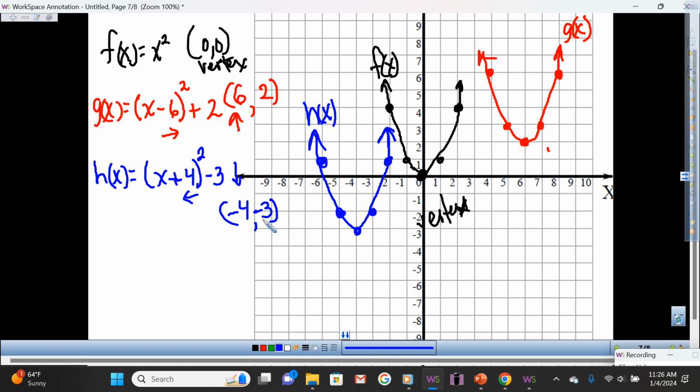So, here it goes. Writing utensils down, look up to the screen. Without saying a word, I'm just going to use my Jedi Star Wars powers. Here we go. Original, vertex, 0, 0.